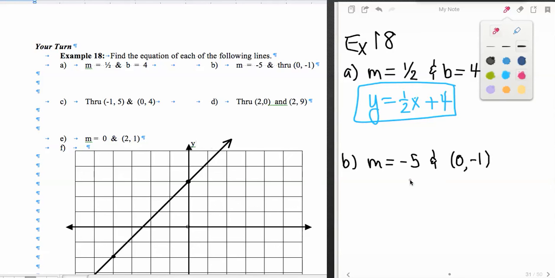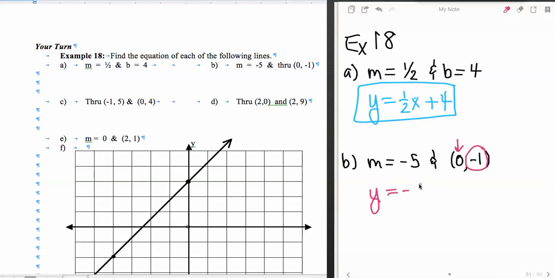Now the next one, a little bit tougher, but not too much because the slope's still handed to me on a silver platter. And all I have to recognize from this ordered pair is that my x is equal to 0, and therefore the y-coordinate is my y-intercept. And again, y equals -5 times my x, and then plus a -1, or simply write it as minus a -1.